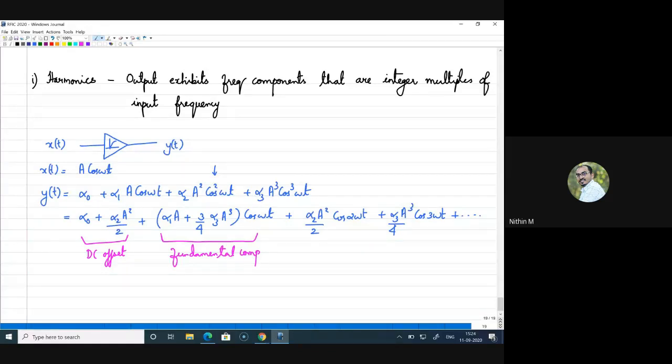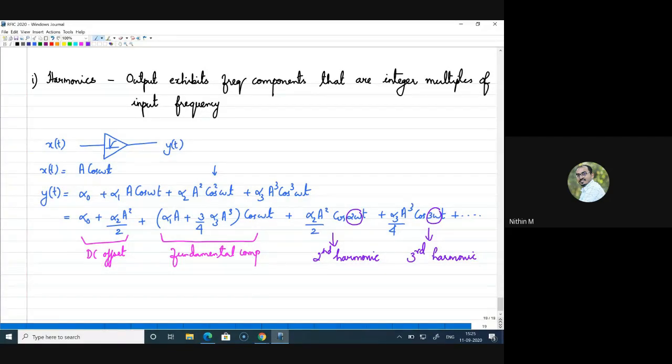Since the next two components appear at 2 omega, we call this the second harmonic, and since this appears at 3 omega, we call this the third harmonic. I'll just finish this and I'll take questions now.